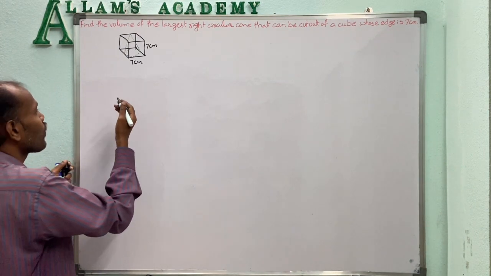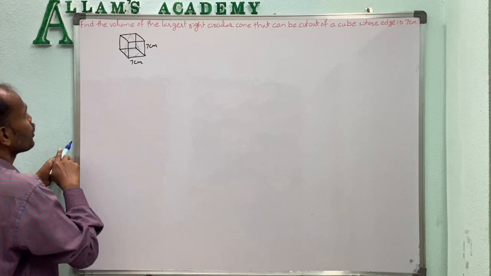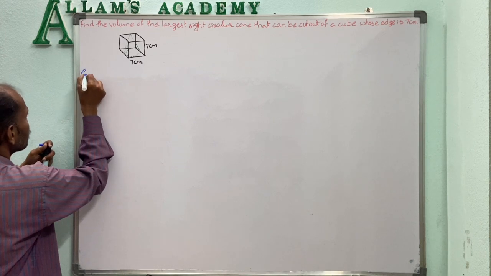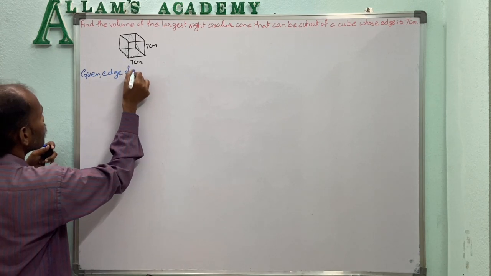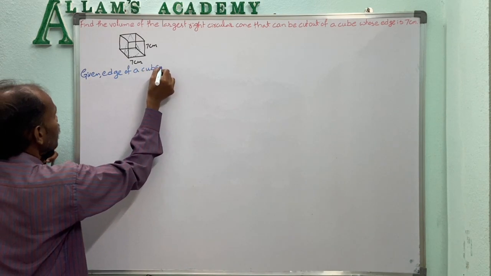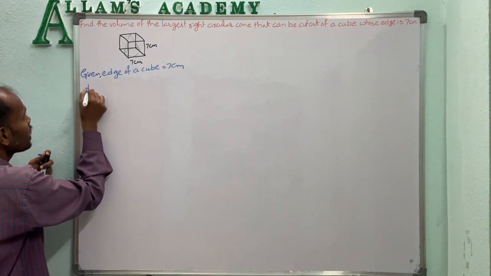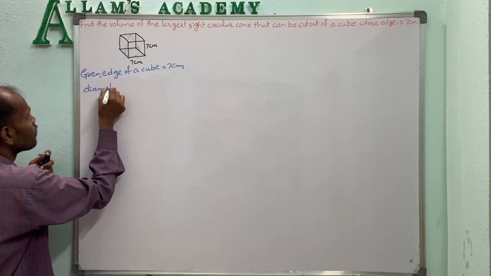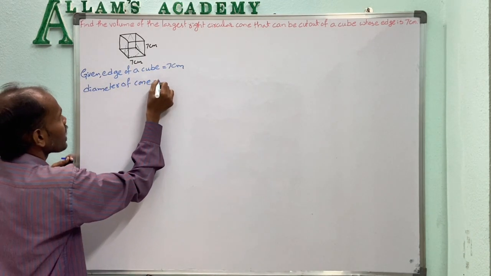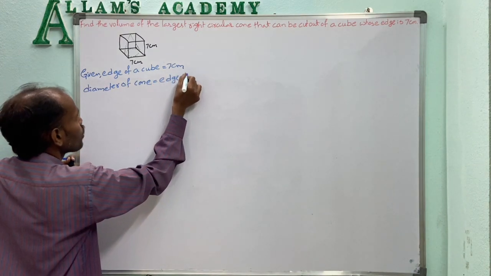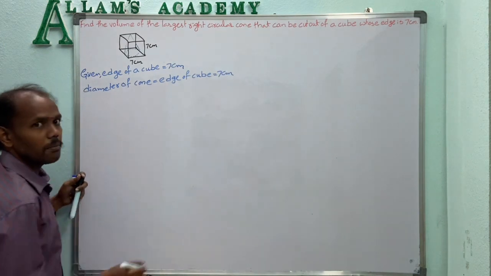So now writing that information. The given side of a cube, that is nothing but the edge. So given edge of a cube equal to 7 centimeters. So this is the diameter of the cone, not the diameter of the cube, that is nothing but the edge of the cube, that equals 7 centimeters.